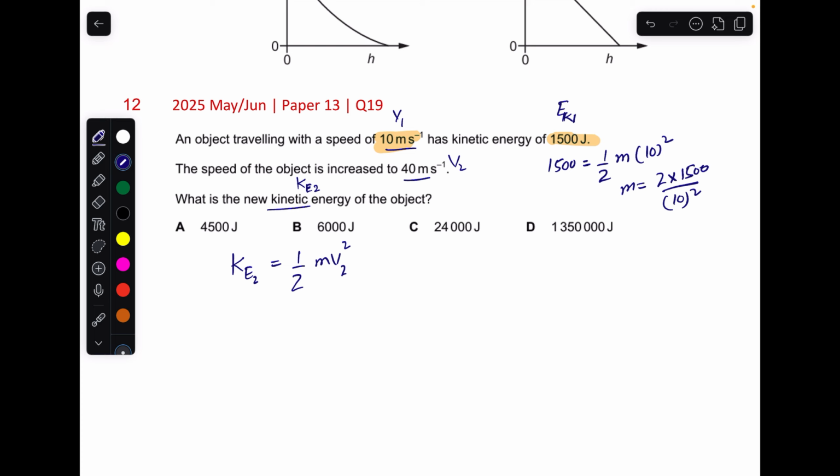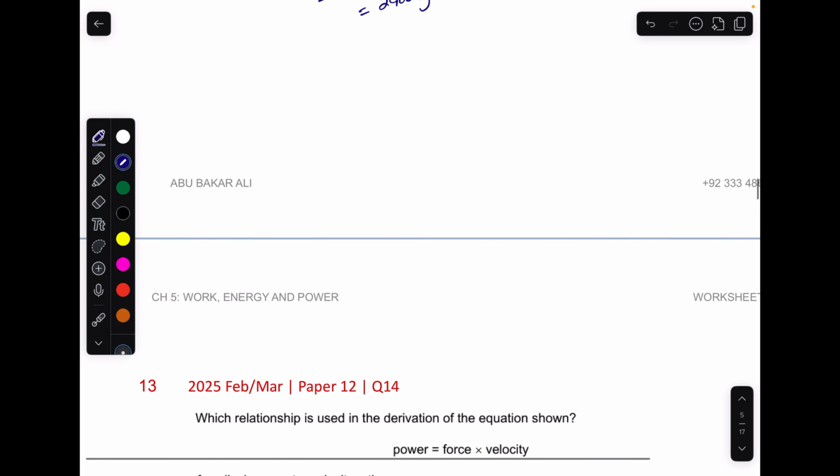Okay. So when you solve this thing, mass you will have 30 kg. Now we can put this thing here. 30 into velocity is 40 square. That will give you 2400 joules. Okay, it's option C.